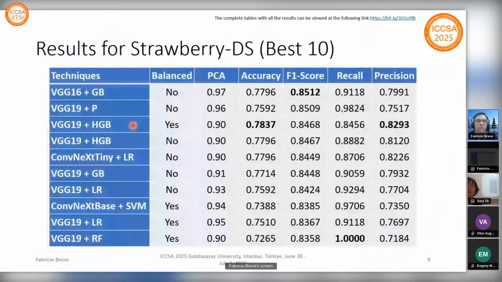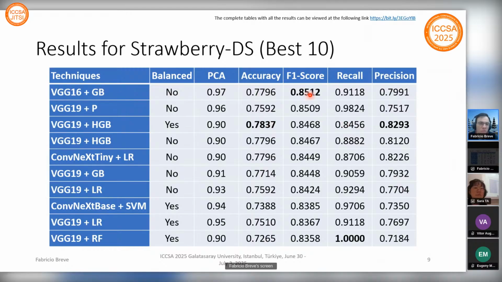Here we have some results for the first data set, the smaller one. So from all those thousands of different configurations, these were the 10 best ones. What is interesting here is that 3 different classifiers appear, like gradient boosting, histogram-based gradient boosting, random forests, were the best in each of these metrics.